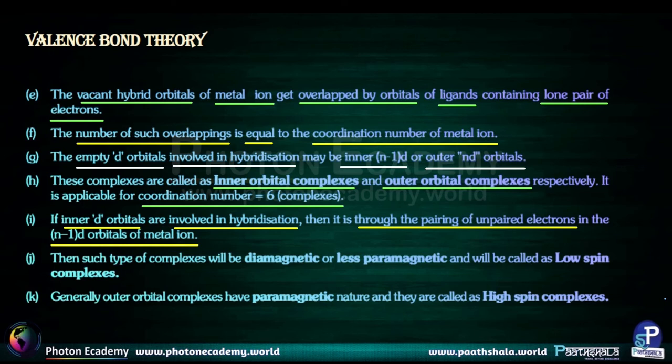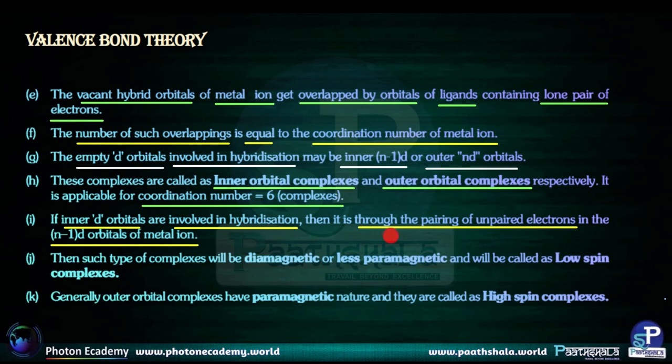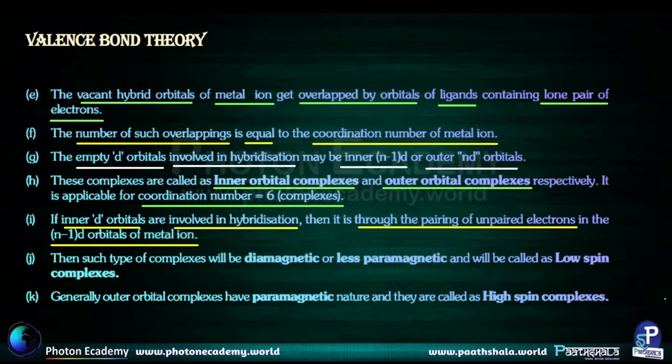So that's the meaning of n-1d orbitals being involved in hybridization: it is usually through the pairing of unpaired electrons. We have just understood what that means. Then such type of complexes will be diamagnetic or less paramagnetic and will be called low spin complexes.